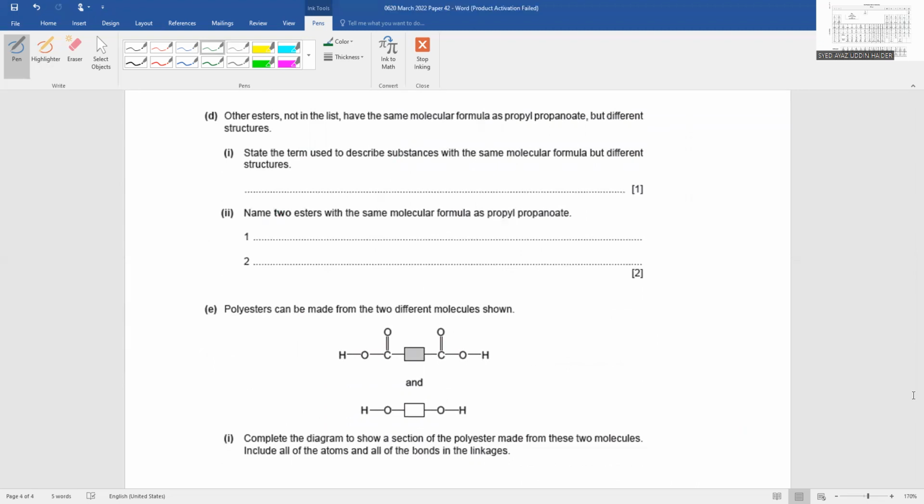They are called structural isomers. Name 2 esters with the same molecular formula as propyl propanoate. You can have ethyl butanoate, you can have butyl ethanoate.